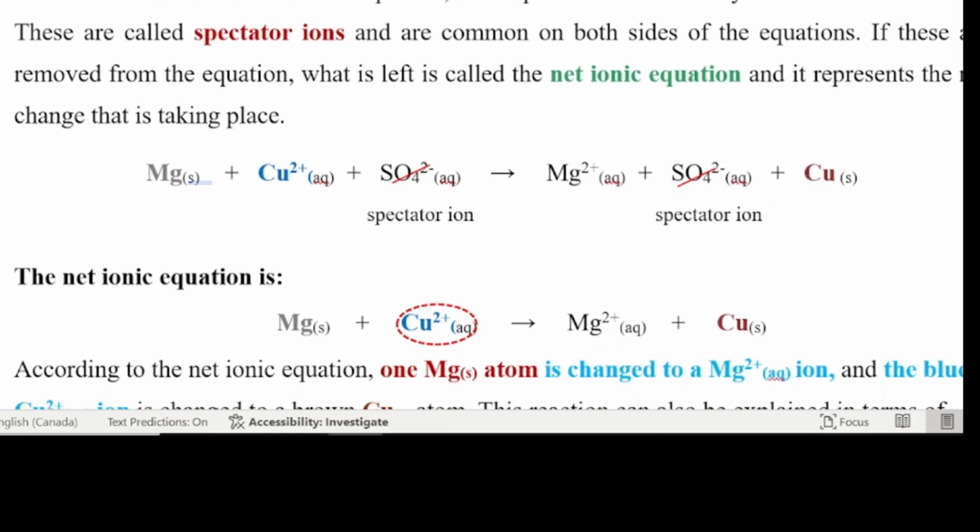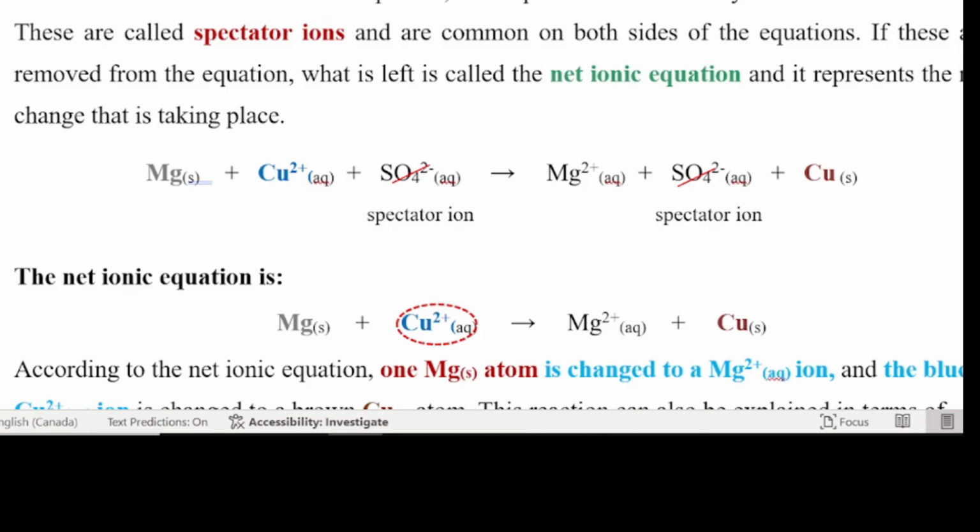So really what is happening here was that the magnesium atom was reacting with a copper 2 ion, right, to give you magnesium ion, and this is where copper is being displaced here, okay? So what is effectively happening here is this.